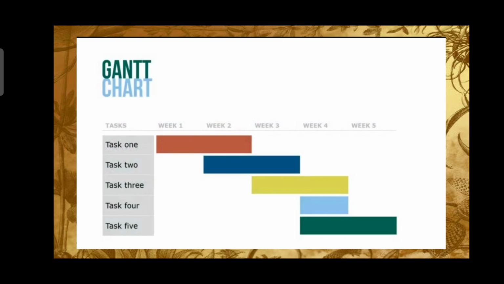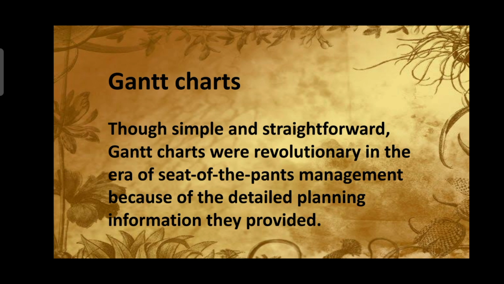A Gantt chart visually indicates what tasks must be completed at what time in order to complete a project, and accomplishes this by showing times in various units on the x-axis and tasks on the y-axis. Gantt charts are simple and straightforward.